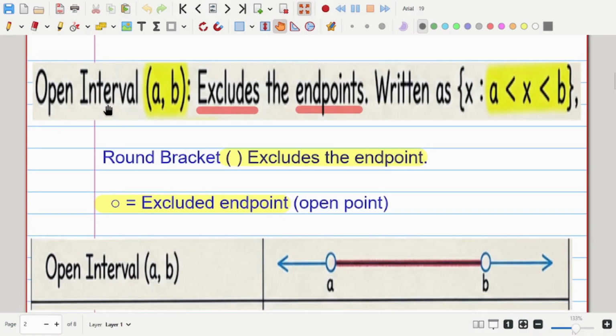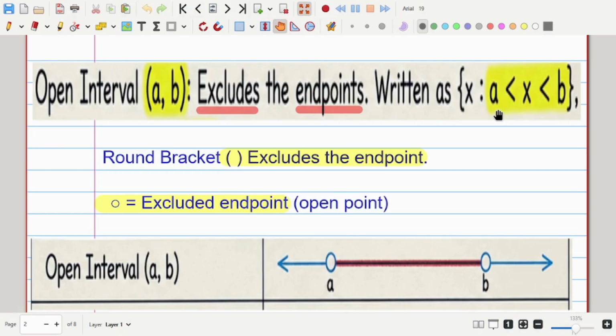Open intervals. Open interval means it excludes the endpoints. These round brackets indicate the open intervals. Read it as open interval of a, b and write it as the set of all x such that x is greater than a and less than b.